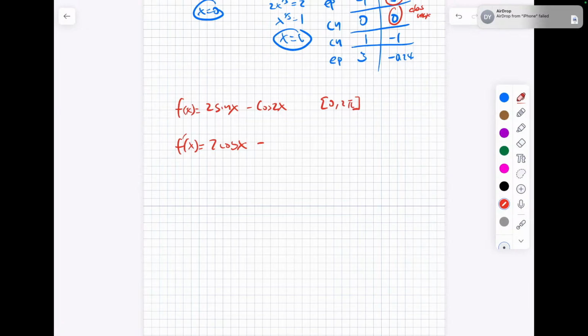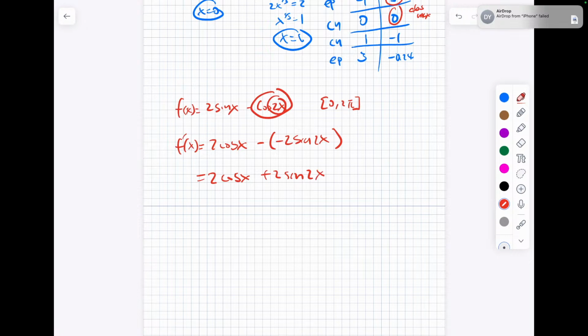Samuel? Nope, almost right, but it's not right. It's -2 sine 2x, because they are 2 layers. You have to take the derivative of cosine, which is negative sine of 2x, and then times the derivative of the inside, which is 2. So that makes 2 cosine of x plus 2 sine of 2x.